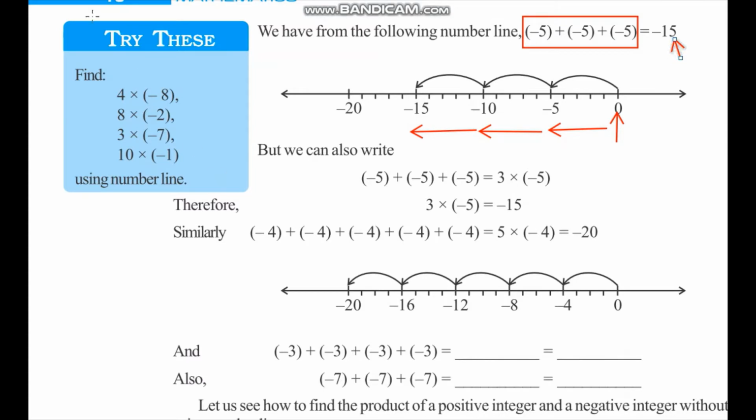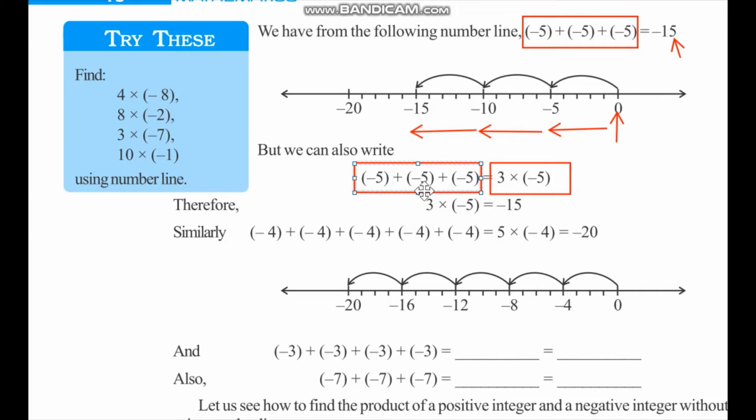We can also write this as minus 5 repeated 3 times. So on the left hand side we have minus 5, minus 5, minus 5, the addition of minus 5 3 times, and we can represent this as 3 into minus 5, the multiplication of 3 and minus 5.